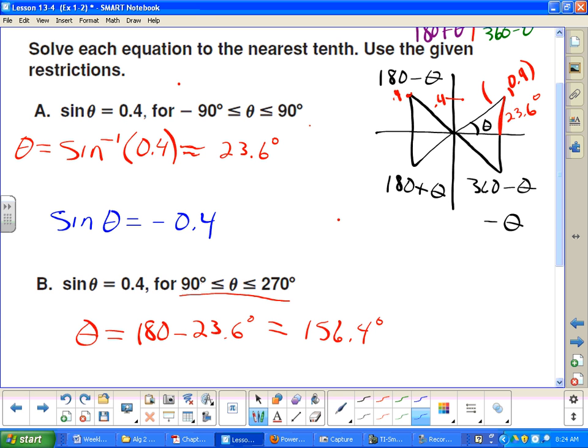So that means I would do the inverse sine of positive 0.4 and then go to the quadrants where sine is negative and do the things I need to do with that reference angle to find those specific angles. Yep. We're going to do the absolute value because that'll always give us the reference angle in the first quadrant. And then I can go to whichever quadrant I need to find the answer.